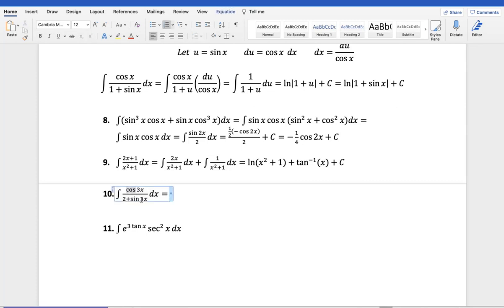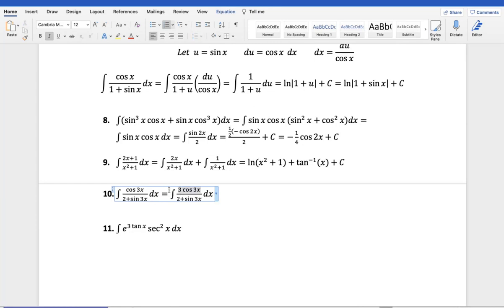So the only thing missing in the numerator for it to be the derivative of the denominator is the 3. To take care of that, we can multiply and divide by 3.